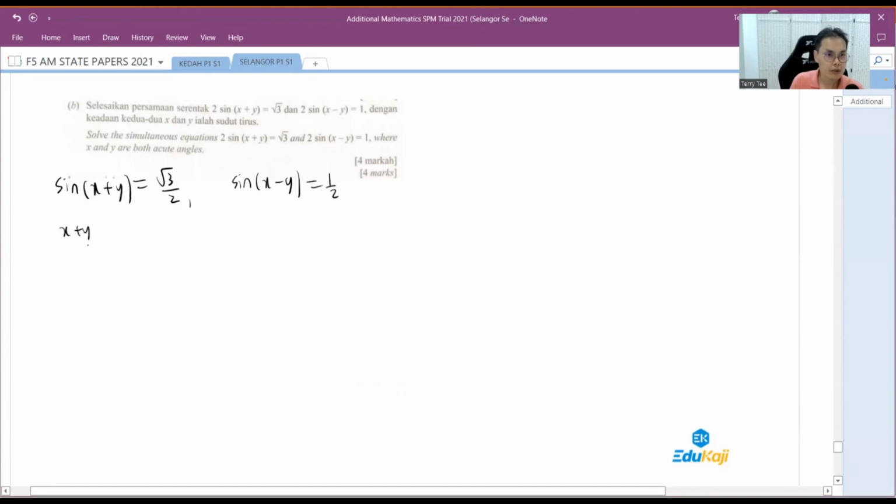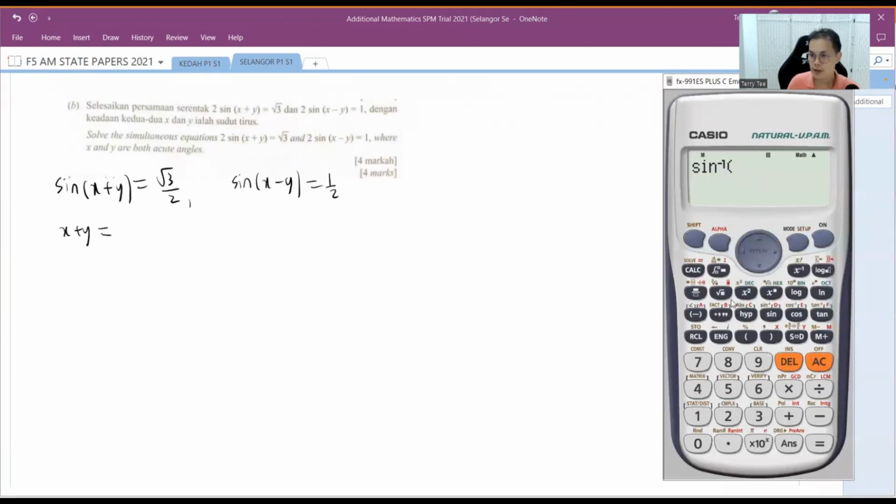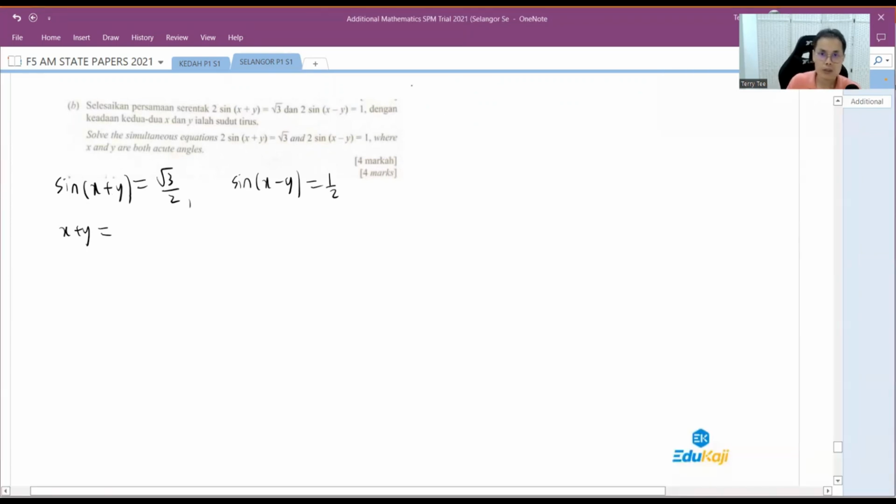When you use your calculator, here we have to use shift sine 3 over 2. We're going to find our reference angle. So 3 over 2 will give us 60. Now, the problem is we know sine is positive in quadrant 1 and quadrant 2, right? Here they say x and y are acute angles. But if x and y are both acute, when you take x plus y, it is possible for you to get an obtuse angle, right?